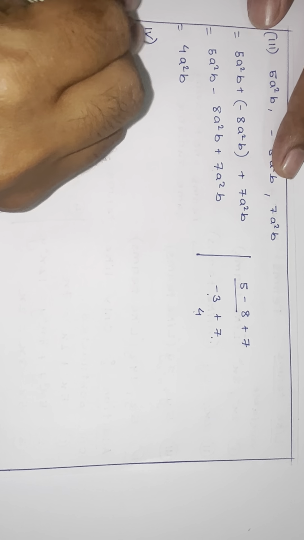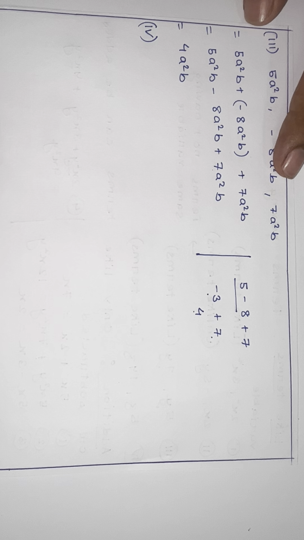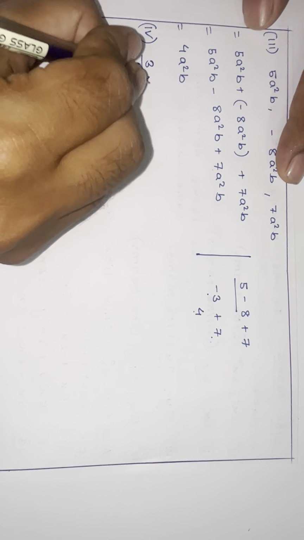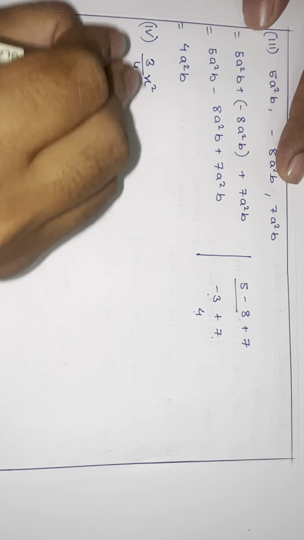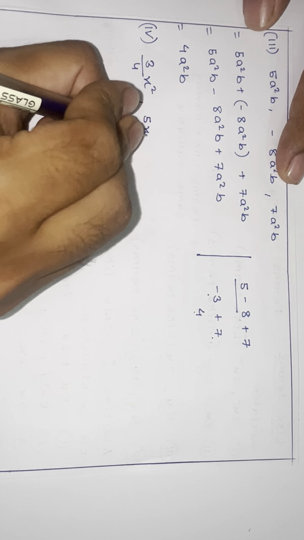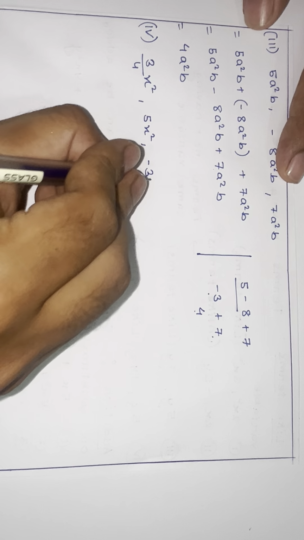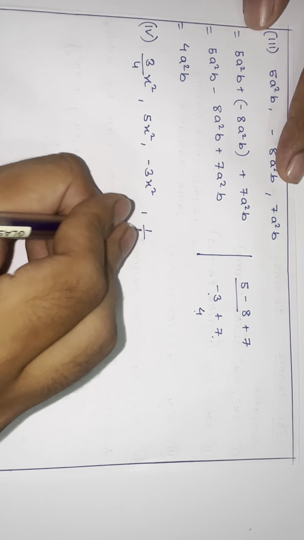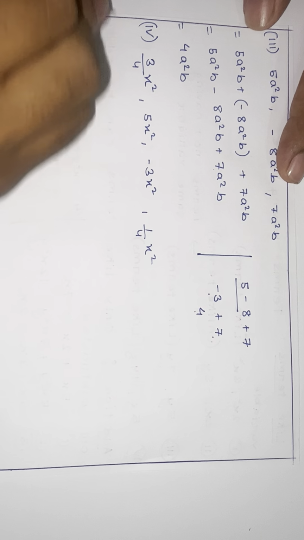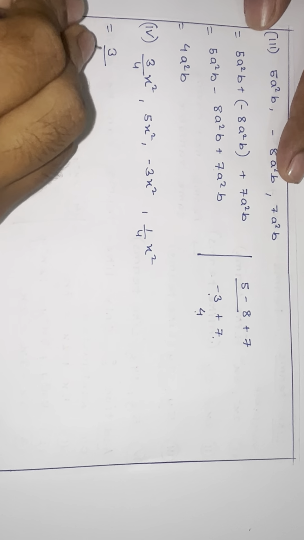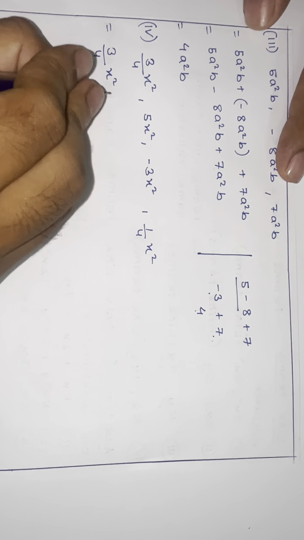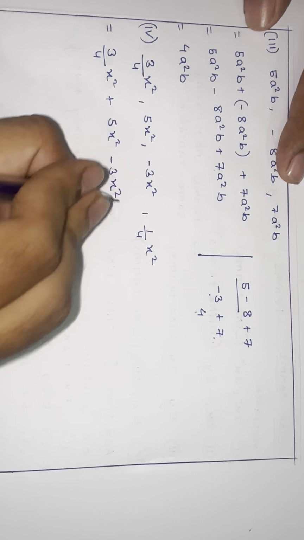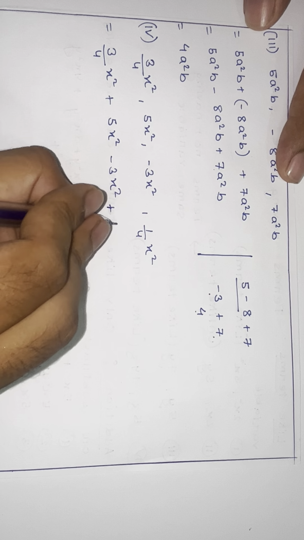Now the fourth question. We have 3 by 4 x square, comma, 5x square, comma, minus 3x square, and lastly 1 by 4 x square. So first we write 3 by 4x square plus 5x square minus 3x square plus 1 by 4x square.